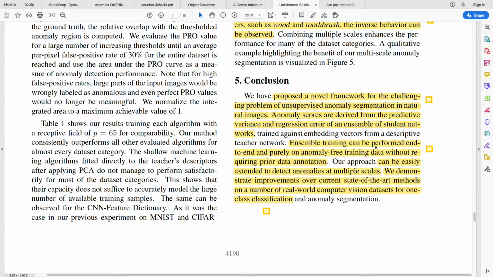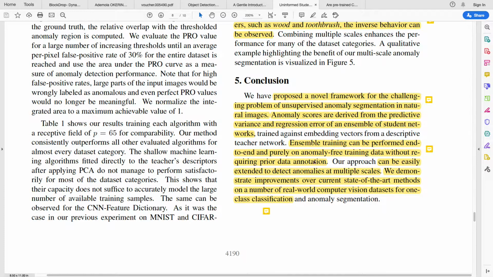One important thing here is that the training set is purely anomaly-free. It does not have any anomaly. So the model is trained with no samples of anomalies.